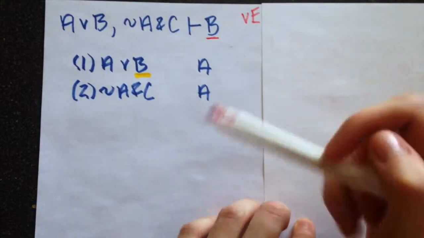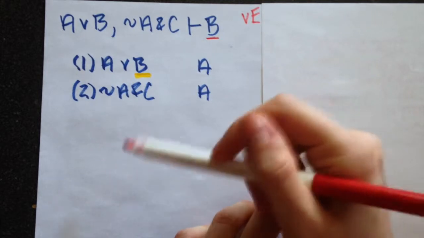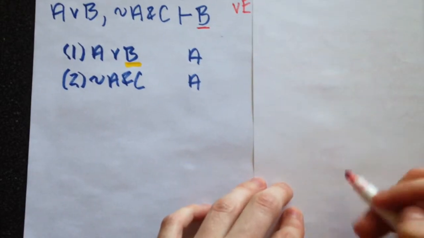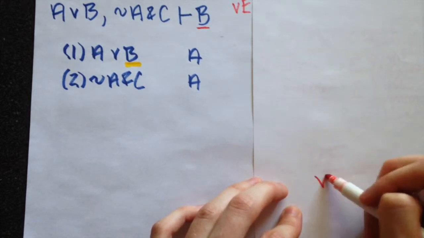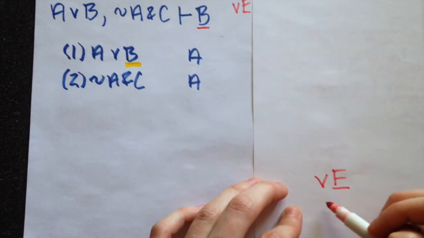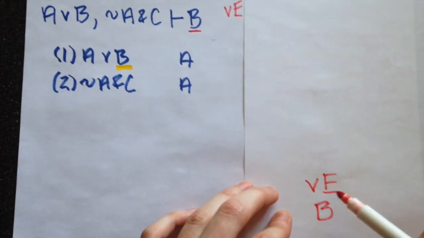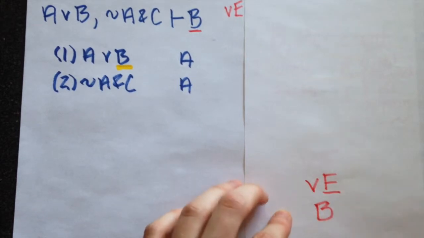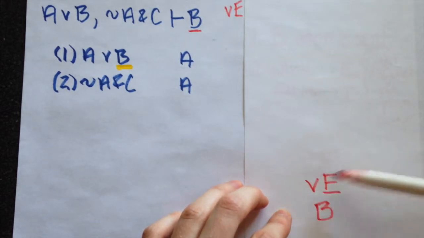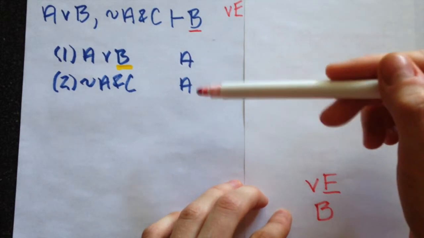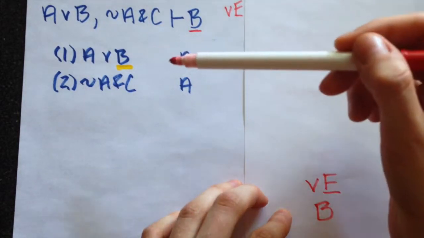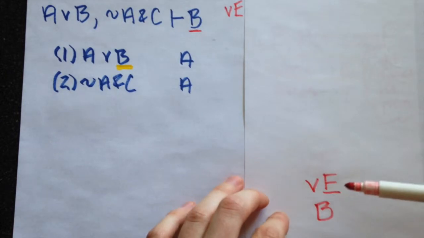It's going to happen down here at the bottom somewhere, so I'm going to write this at the bottom of our little roadmap. We're going to use wedge elimination to give us the atomic statement, our conclusion B. And now we work backwards. We figure out how we're going to connect this with the two sentences that were already given to us. We want to connect the premises with the conclusion.